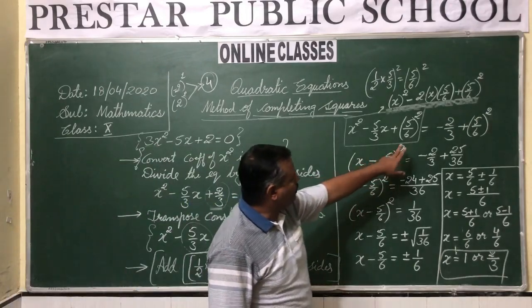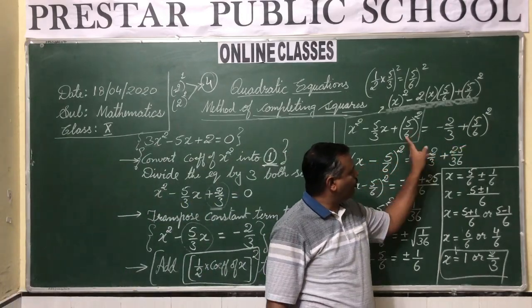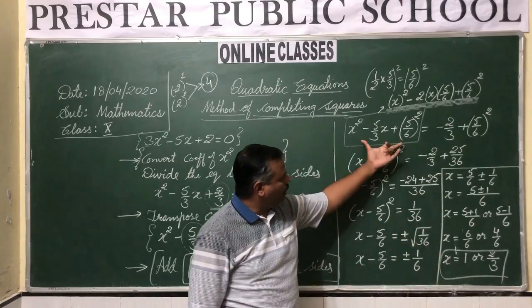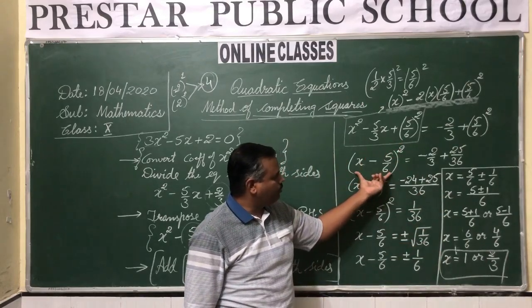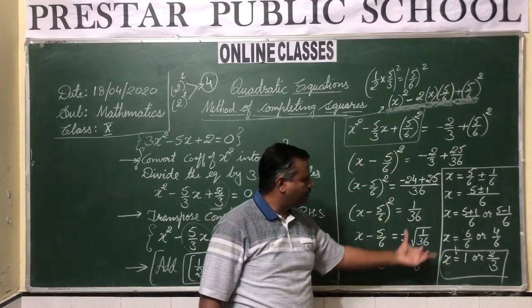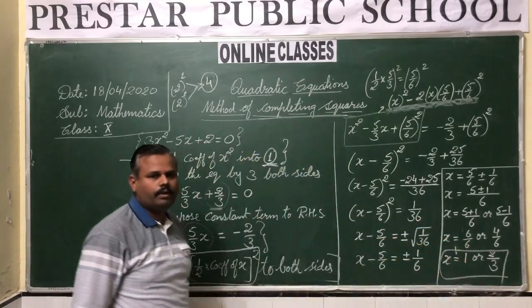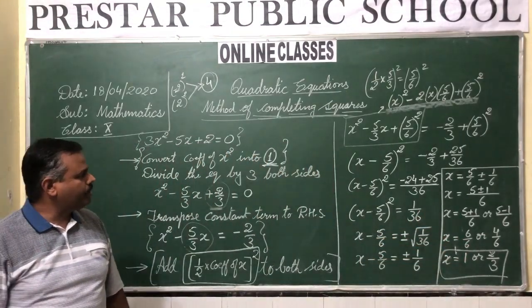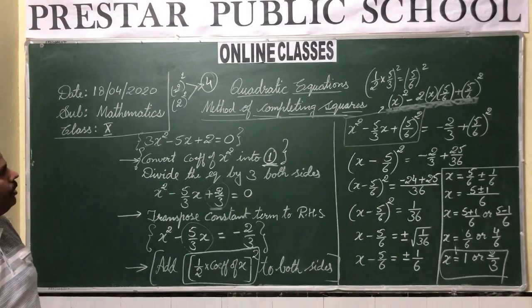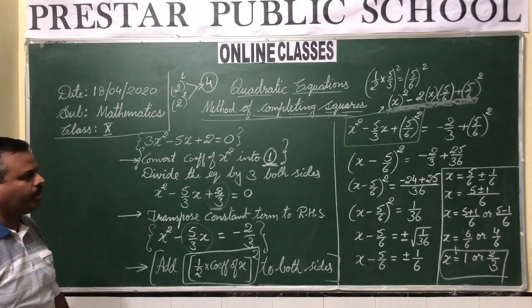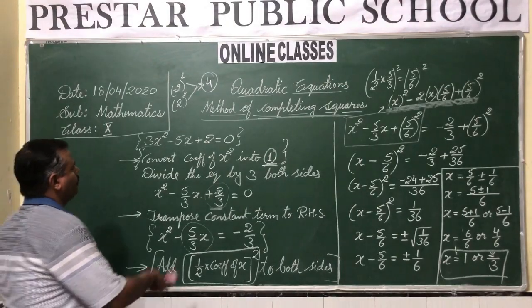So we are going to add the square of 5 upon 6 to both the sides. On the left hand side it converts into a whole square, and after that we can simplify it to get the values of x. So this is how we simplify quadratic equations by using the method of completing the square.